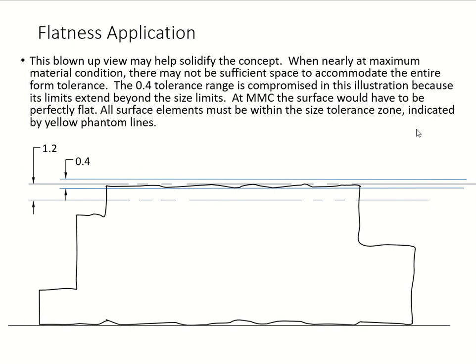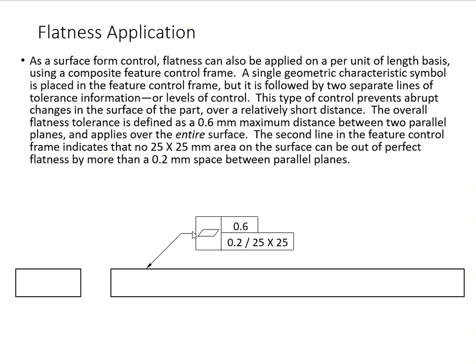Of course, here we don't have a yellow one, we have just a regular one, because this is adjusted to fit your printer when you have to print it, so it's easier for your ink intake. So 0.4 is completely compromised because it's over this MMC limit right there.